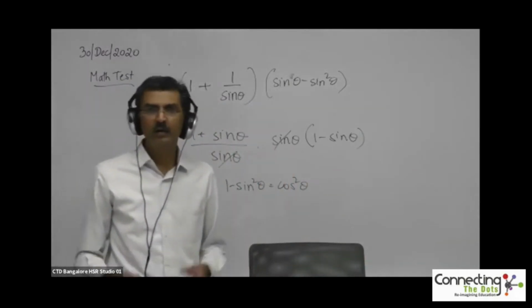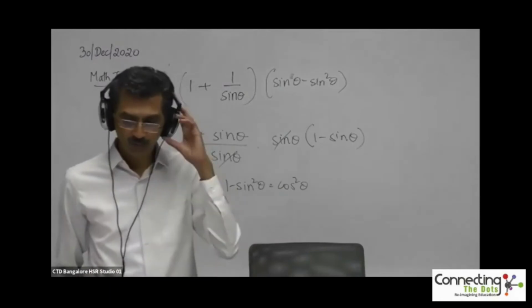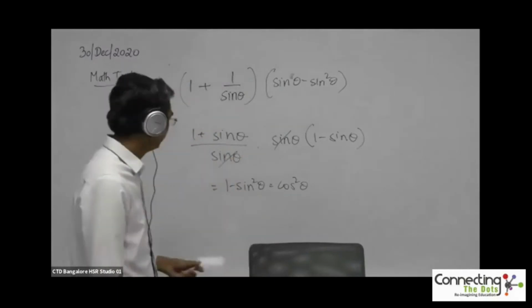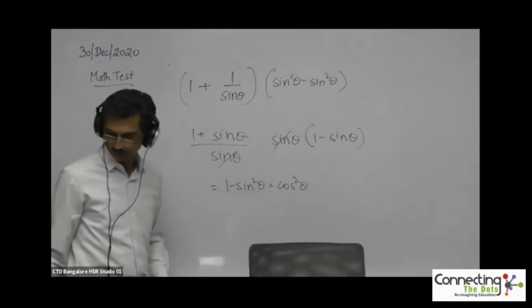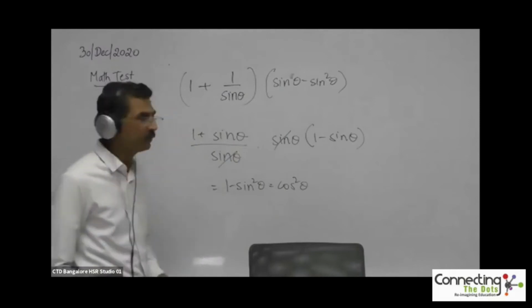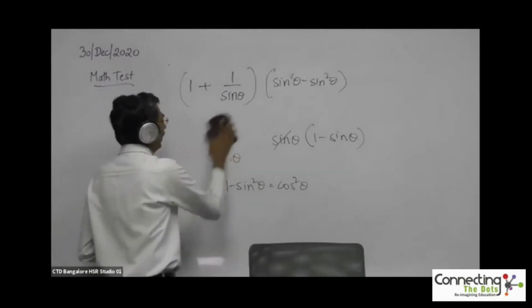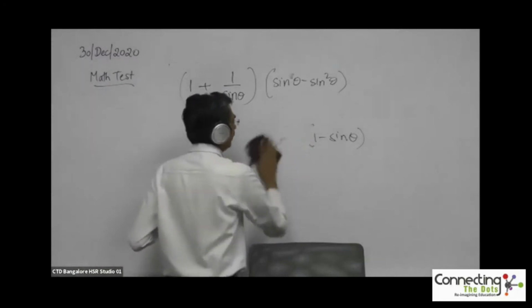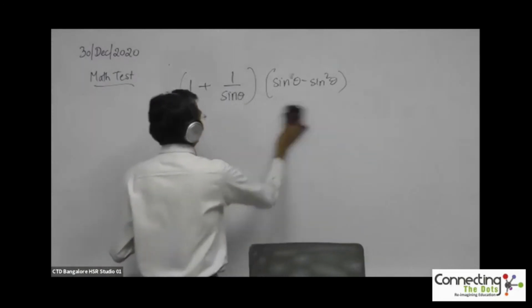The third one. I'm surprised the third one proved difficult because, anyway, let's see. This was x is equal to a cos theta and y is equal to b sine theta.